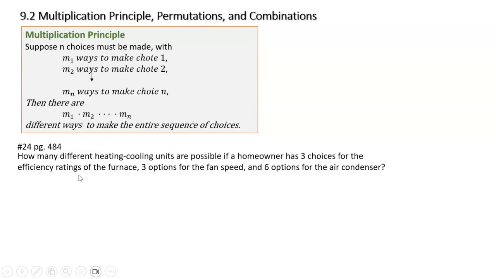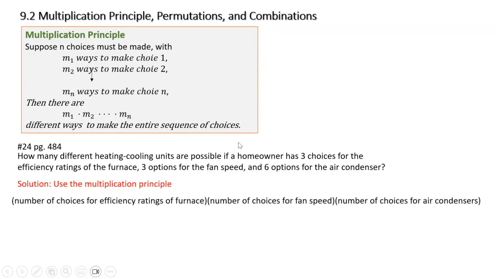Okay. It says here, how many different heating cooling units are possible if an owner has 3 choices for the efficiency rate of the furnace, 3 options for the fan speed, and 6 options for the air condensers? So here's my solution. Use the multiplication principle, which is the definition that I just went over. So here's our first choice, right? The number of efficiency ratings, that's choice 1, which was 3.